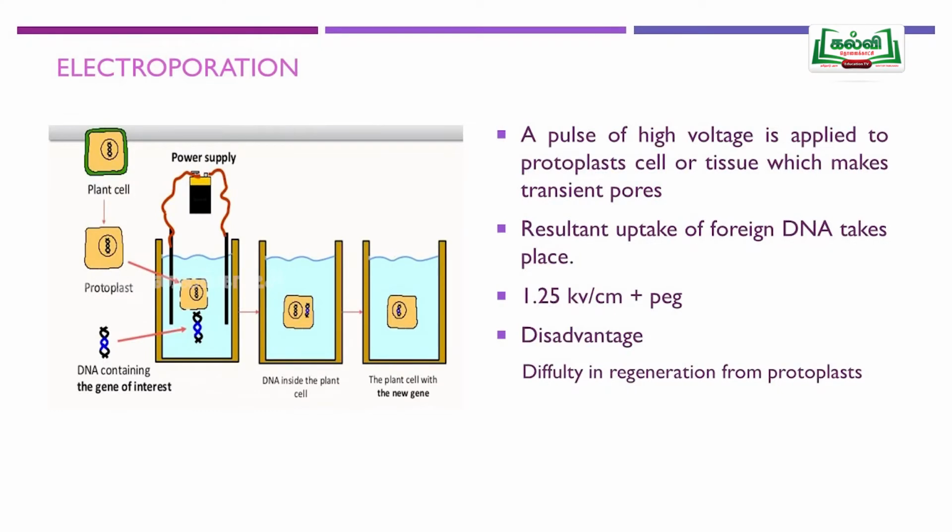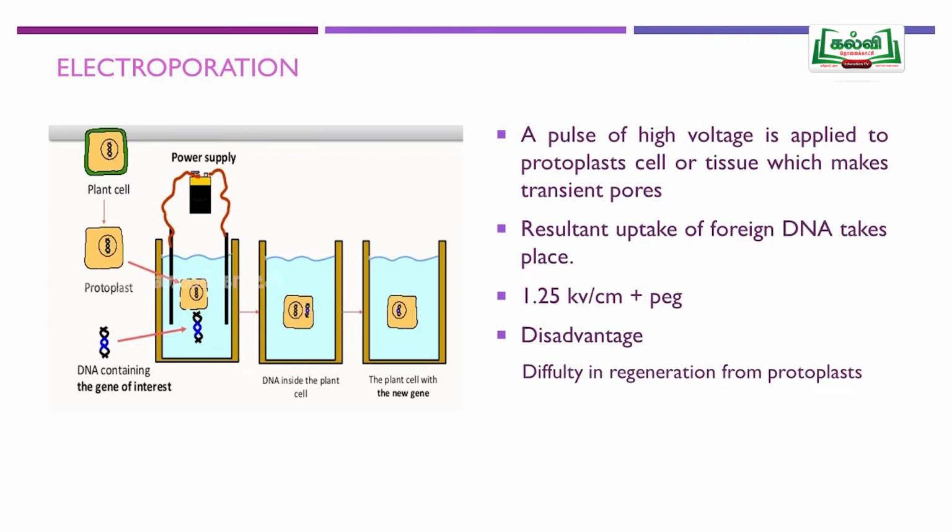The next one is electroporation. This method is based on charge, positive charge and negative charge. Here we are applying a certain charge, so due to that, pores will be created in a protoplast. After the creation of pores, the DNA molecule will enter into the cell. Here a high pulse of voltage is applied to a protoplast cell or a tissue, so a transient pore will be made. The DNA molecule will be taken up by the protoplast cell.